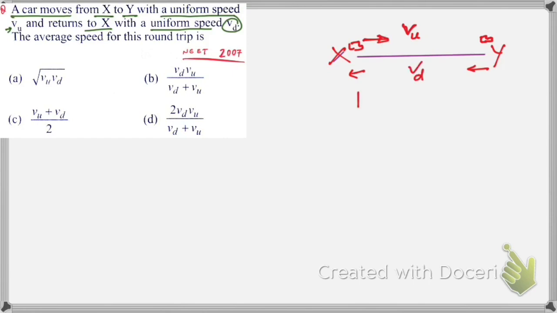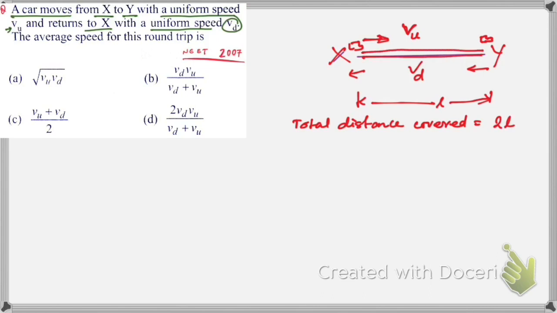So if we consider that the length of the path be, suppose, L, then the total distance covered will be twice L, right? L, again coming back L. So what will be the time taken to cover the distance L while going from X to Y?